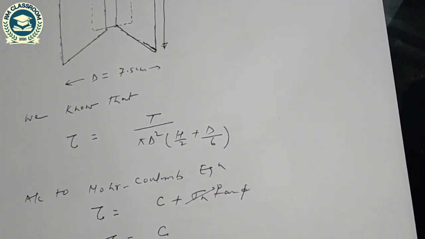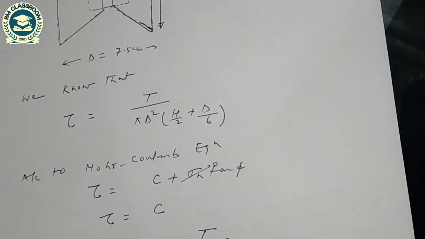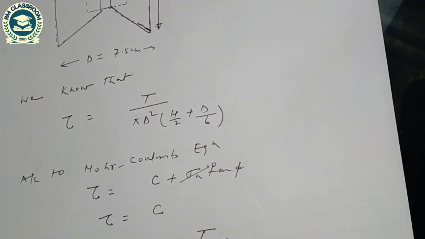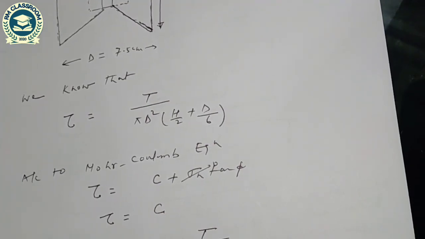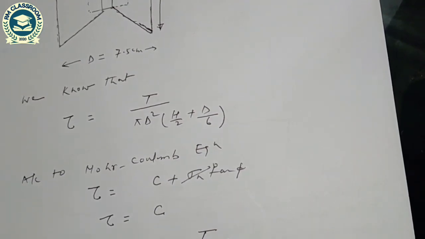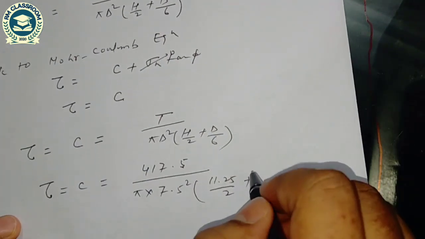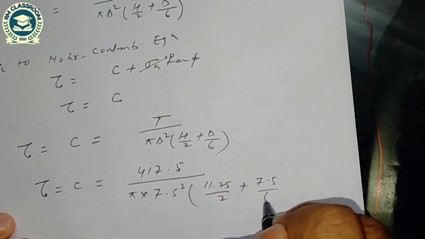Everything is given. Torque is how much? In the undisturbed state it is 417.5 divided by pi into diameter 7.5 whole square into h, 11.25 by 2 plus d by 6, and d is 7.5 divided by 6.